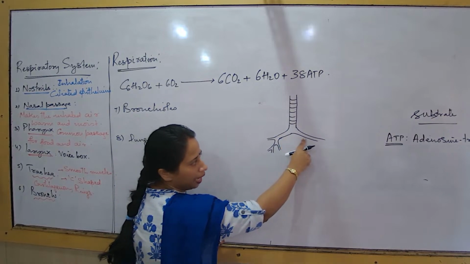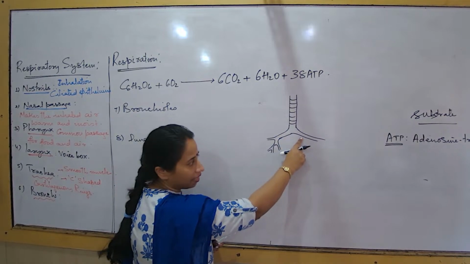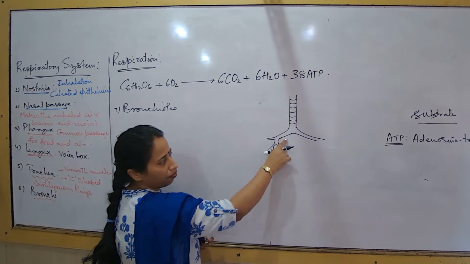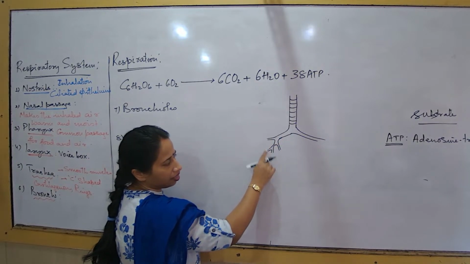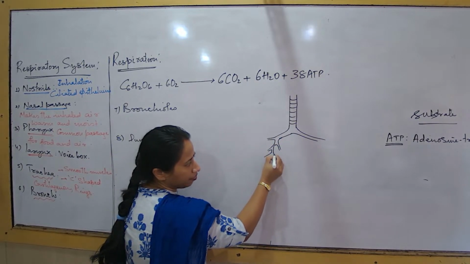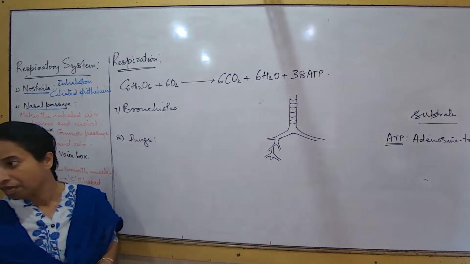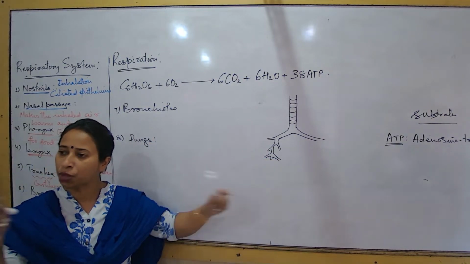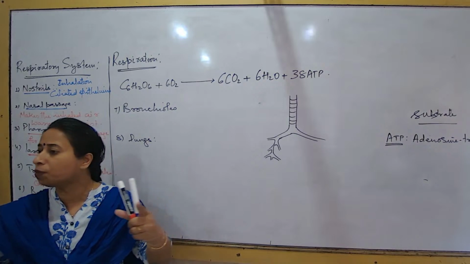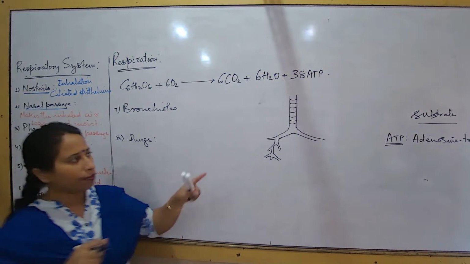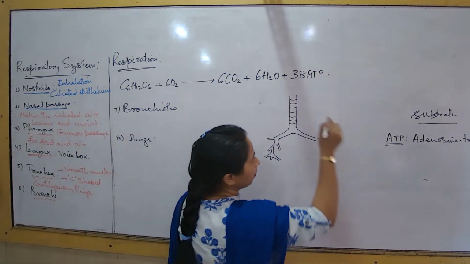First of all, I will name this as the bronchi. The bronchi again divide into the first set, the second, the third. They are constantly dividing in this manner. From one particular tube, a large number of tubes would branch out. So let us now start naming them properly.